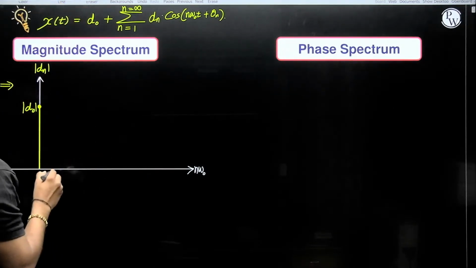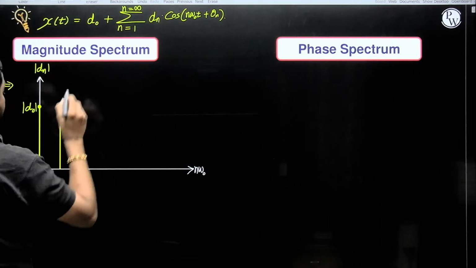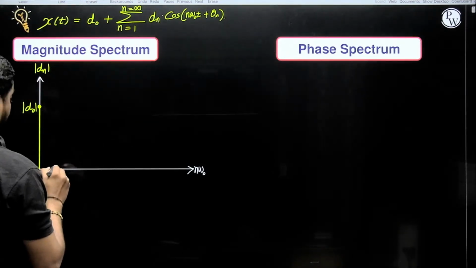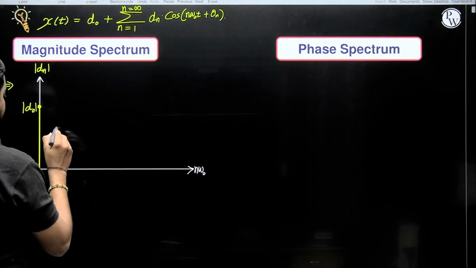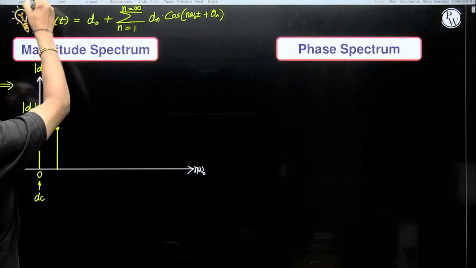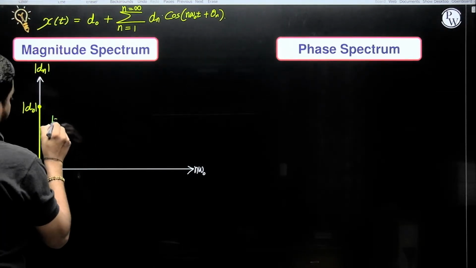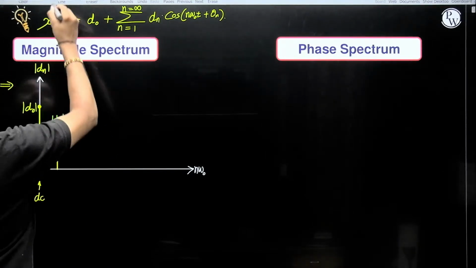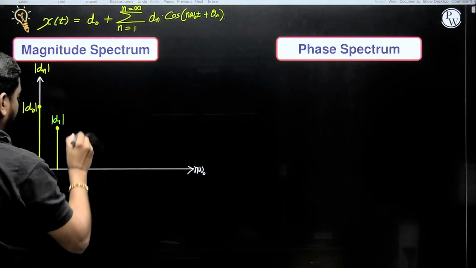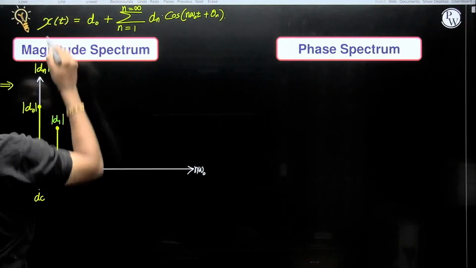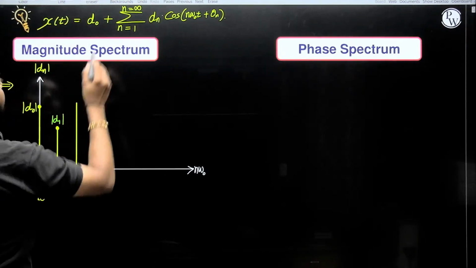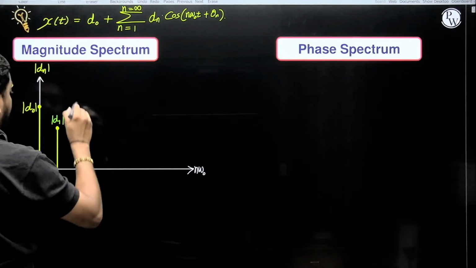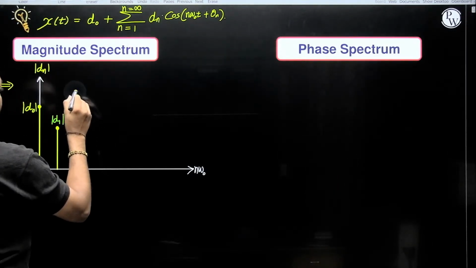Now here, see, suppose the magnitude of the second harmonic, just as an example, can be greater than this one, can be less than this one. Suppose I am writing the third harmonic.